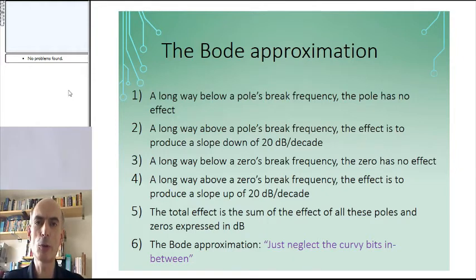It's only around those curvy bits at the break frequencies of the poles and zeros that things get a little bit complicated. Bode just proposed that we ignore that complication. And we just assume that the low frequency approximation is accurate up to the break frequency, and the high frequency approximation is accurate above the break frequency.